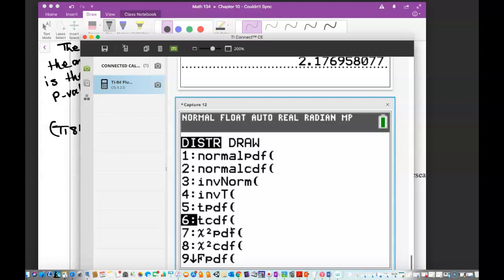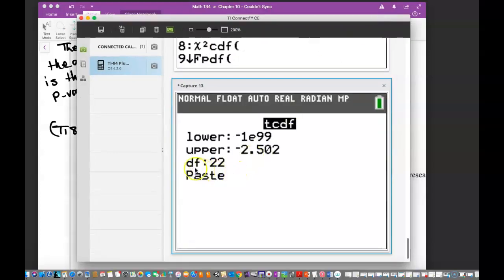So I'm entering it for the left tail. For the lower bound we have negative infinity, then for the upper bound negative 2.502, and degrees of freedom is 22. The degrees of freedom is 22 because that is equal to n minus 1. n is 23, so 23 minus 1 is 22. So we have these data.